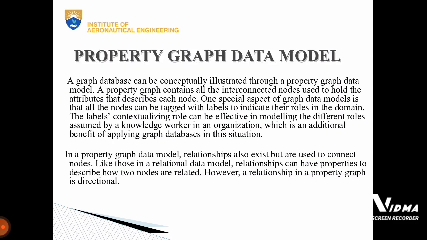Property graph data model. The graph data can be conceptually illustrated through a property graph data model. The property graph contains interconnected nodes used to hold the attributes that describe each node. One special aspect of graph data models is that all the nodes can be tagged with labels to indicate their roles in a domain.